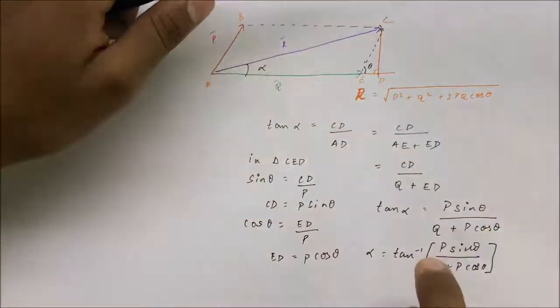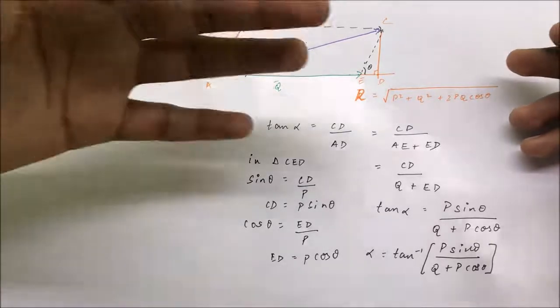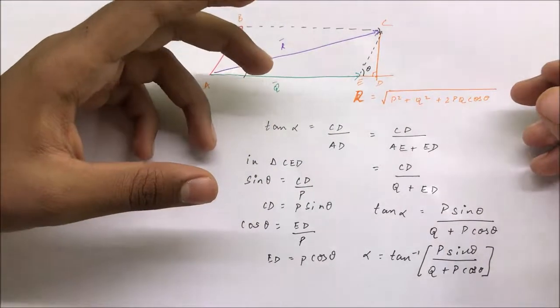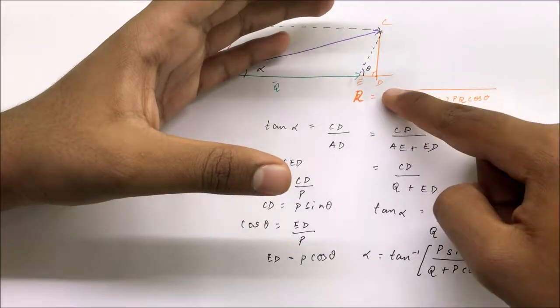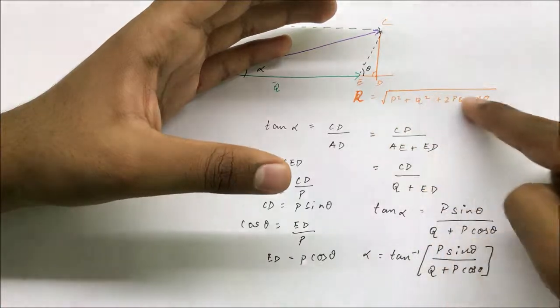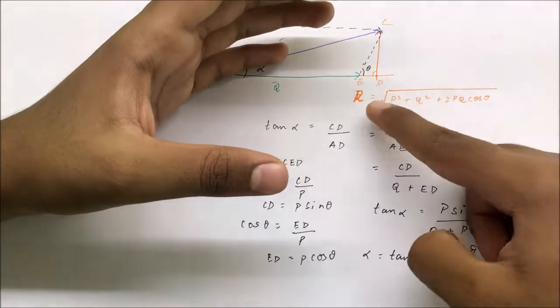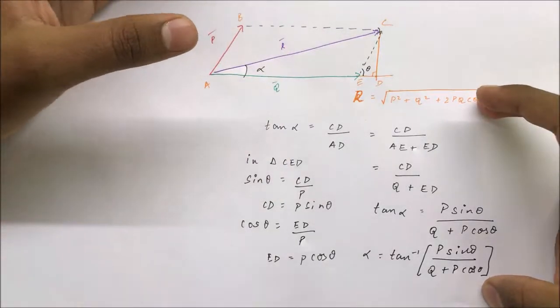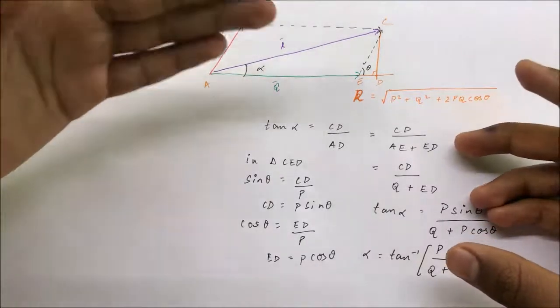This gives you the direction of the resultant vector with respect to this vector. If you want the full result, it's the combination of these two derivations. This gives you the magnitude and this gives you the direction. So alpha gives you the direction and r gives you the magnitude. The combination of these two gives you an idea of what the resultant vector is, given two vectors, namely P and Q.